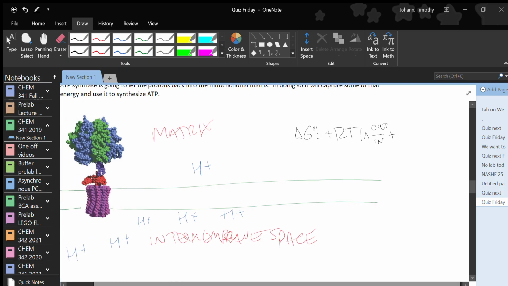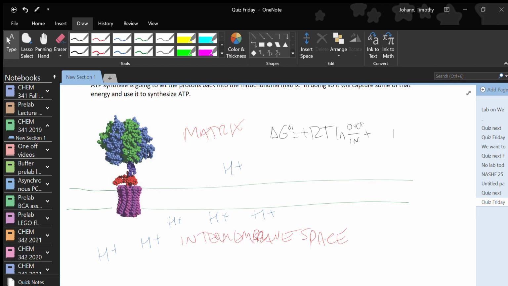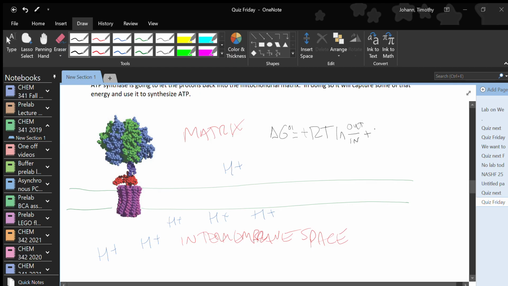Oops, I'm sorry. I just messed up the notes. Maybe if I don't write anything over there, it'll still be okay. I'm trying not to drag, make it so things split. Plus, here's this thing we just saw, right? The number of electrons, right, or the charge in this case, okay, times Faraday's constant times the potential difference across the membrane.